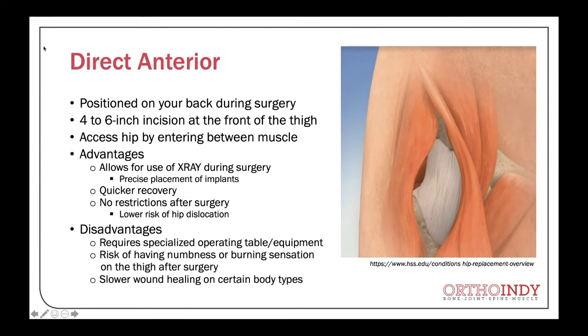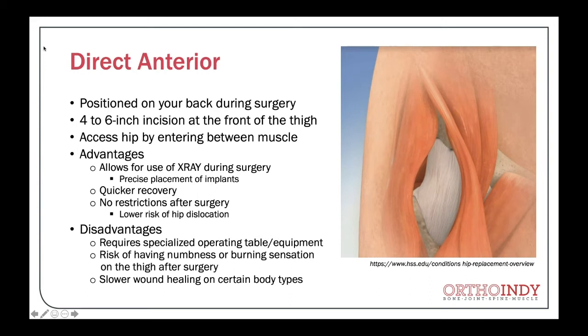There is a slightly lower risk of hip dislocation going anterior as opposed to posterior, although both approaches have very, very low dislocation rates in general. Disadvantages of going via the direct anterior approach: it does require a specialized operating table and equipment.